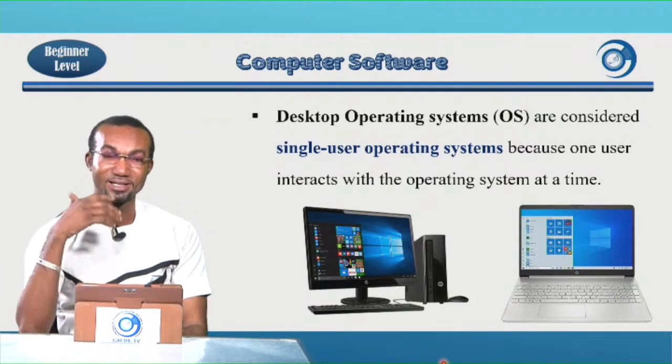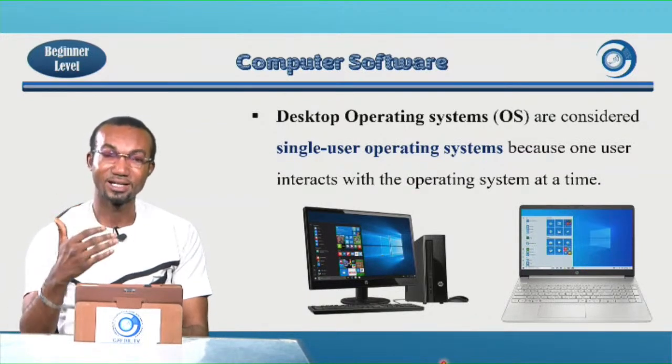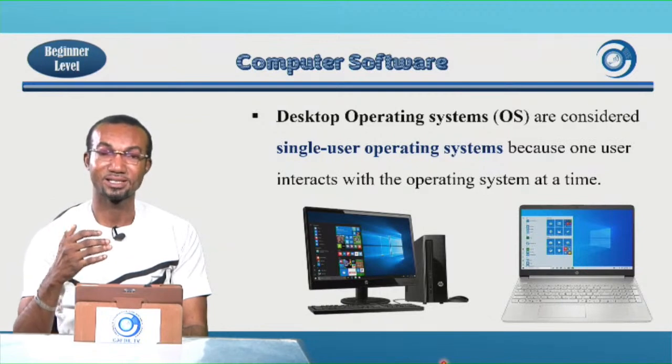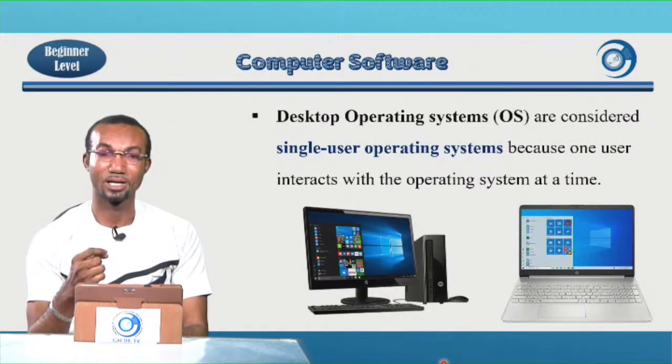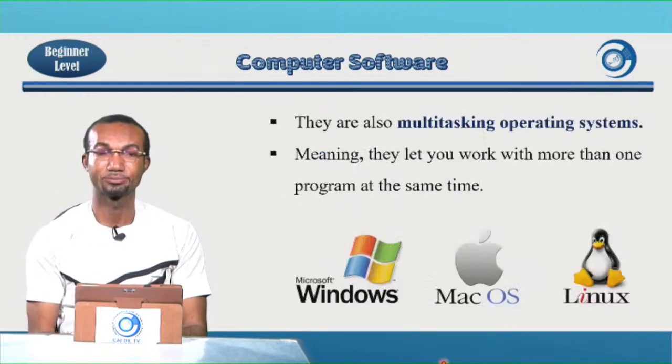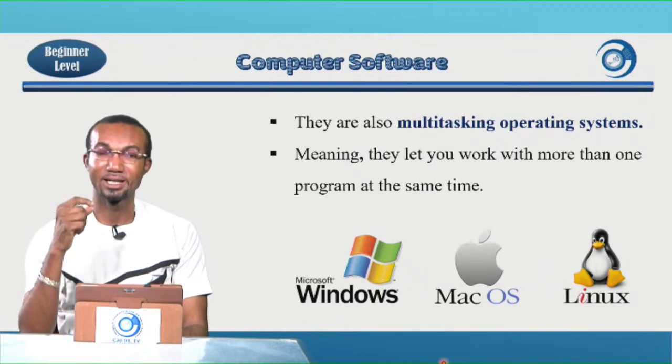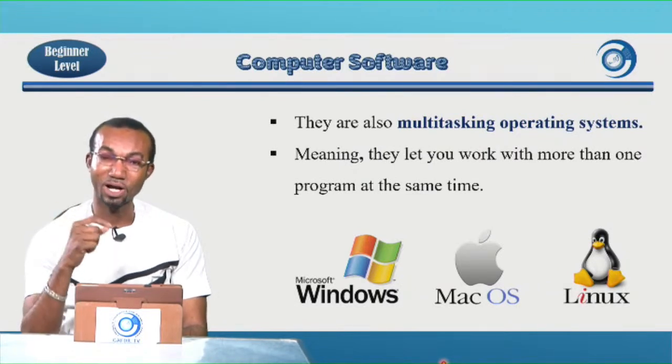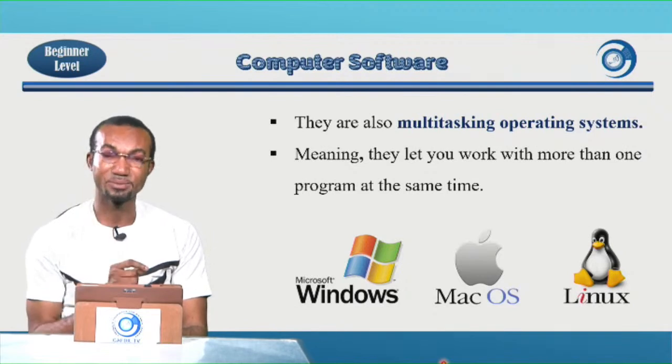So remember that operating systems called standalone desktop operating systems are single user, meaning that one user can interact with the system at a time. They are also multitasking operating systems, meaning they let you work with one or more programs at the same time.